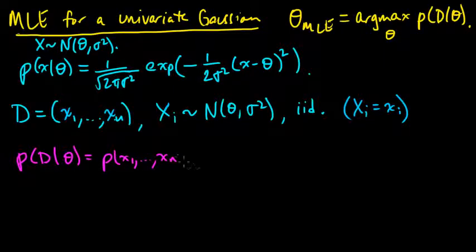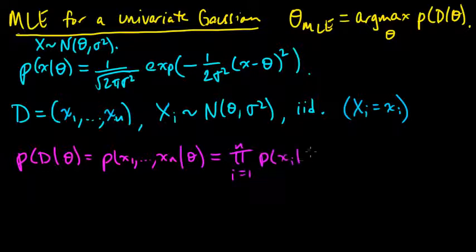And this conditional density on the whole product, by the IID assumption, is the product of the probabilities.